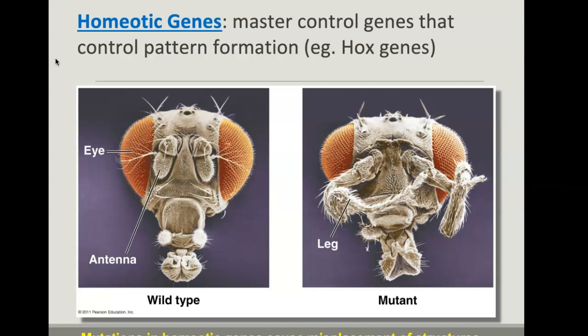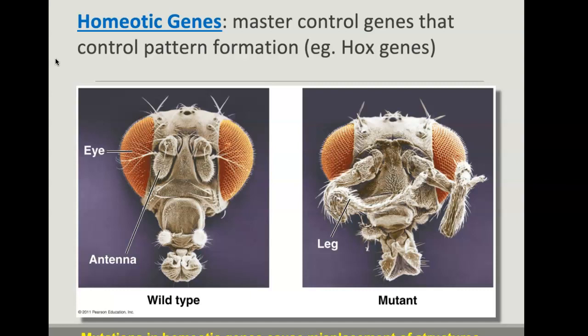Homeotic genes are the genes that control pattern formation, control the spatial organization of the organism. Hox genes are an example of homeotic genes. These Hox genes code for Hox proteins, which specify the characteristics or position of correct structures in the correct places of the fruit fly's body.